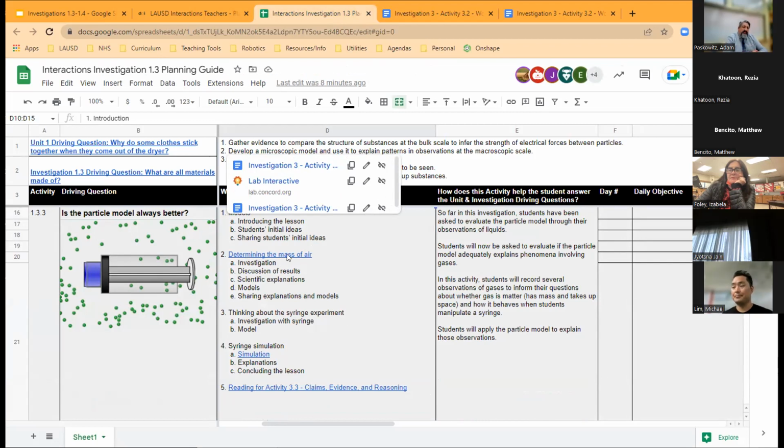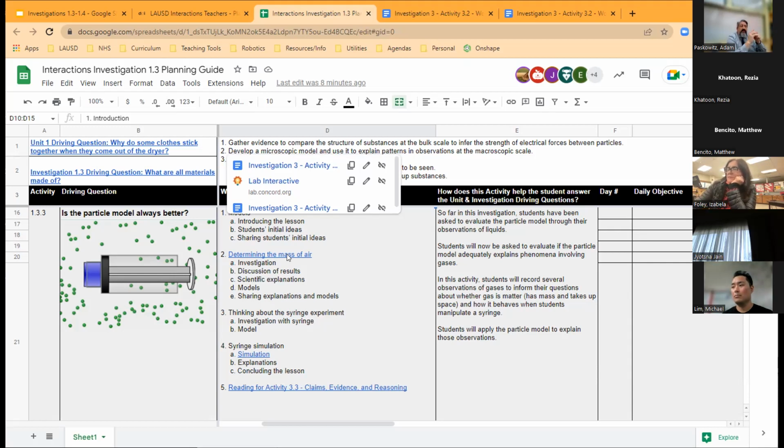So we take a syringe and we measure the mass of an open syringe, and then you expel the air from the syringe, and you find that the mass has actually changed. You can actually observe the difference in mass of an empty syringe versus a syringe full of air.